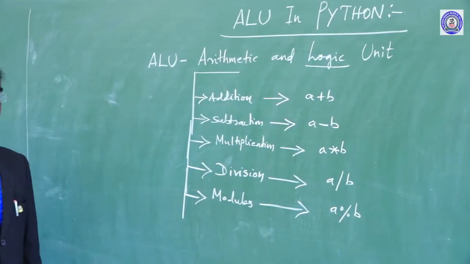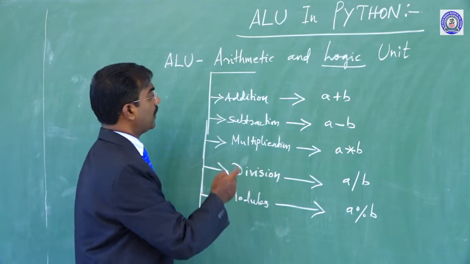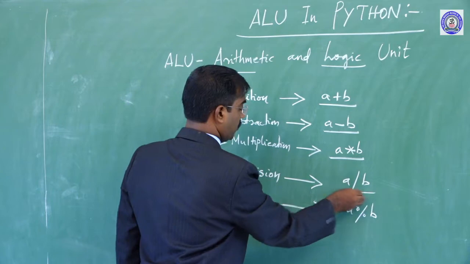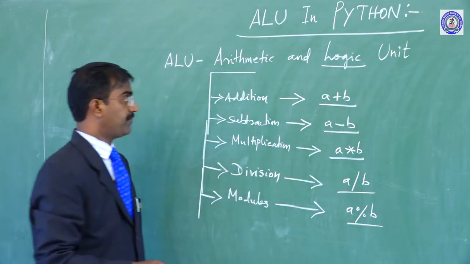I think you understand. This is the example for arithmetic: A plus B, A minus B, A star B, A divided by B, A modulus B.